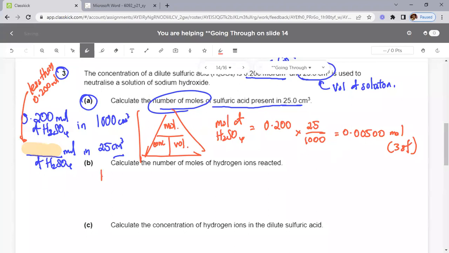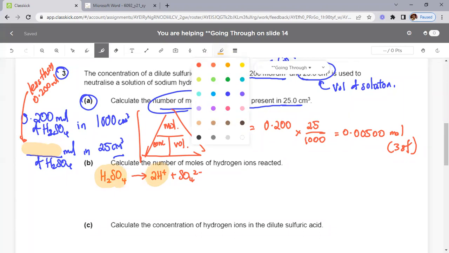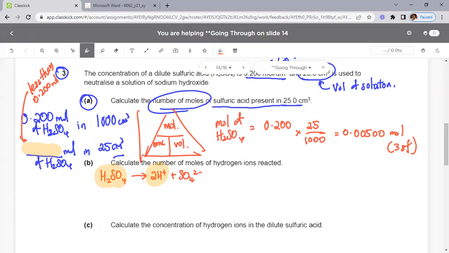It's because if you dissolve H2SO4 in water, you're going to get 2H plus and 1 SO4 2 minus. Comparing the H2SO4 with the H plus, you'll be able to see that 1 H2SO4 is going to give me 2 H plus.